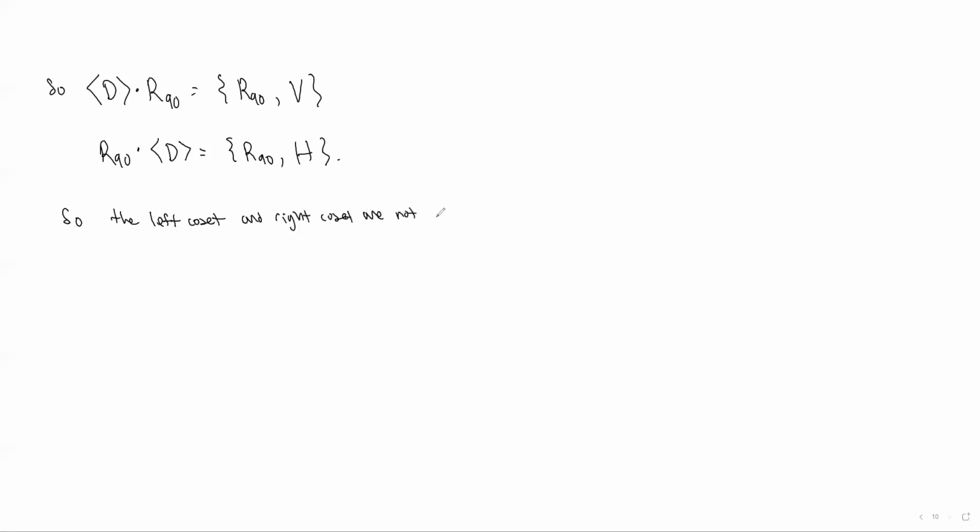They are not equal, and this can only happen in a non-abelian group, like D4. Note, however, that for a non-abelian group, all that implies is that two elements don't commute. It doesn't mean that every two elements don't commute.